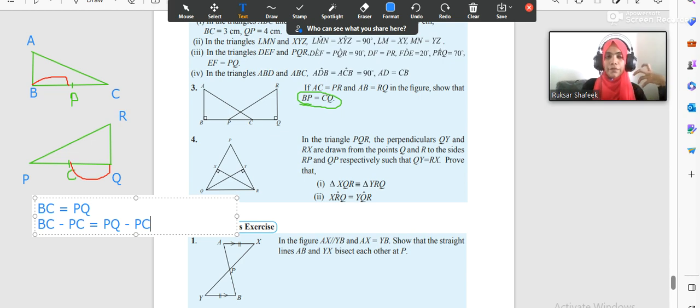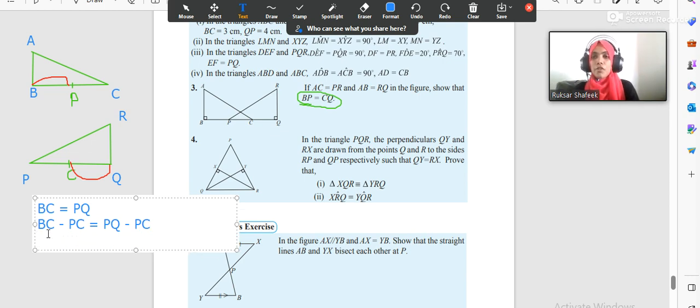If you want, you can refer to that grade 9 lesson as well, where in axioms we say that if A is equal to B, and if I subtract C from it, A minus C equals B minus C. I can subtract the same thing from equal values, right? So from the line BC, I'm subtracting this PC. So I'm left with BP. So that's how the BP comes in there.